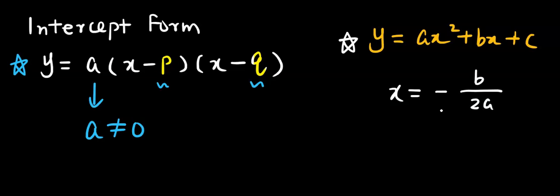Now, when we are working with intercept form, the axis of symmetry is x equals p plus q, divided by 2. That's how we find the axis of symmetry if we use the intercept form.